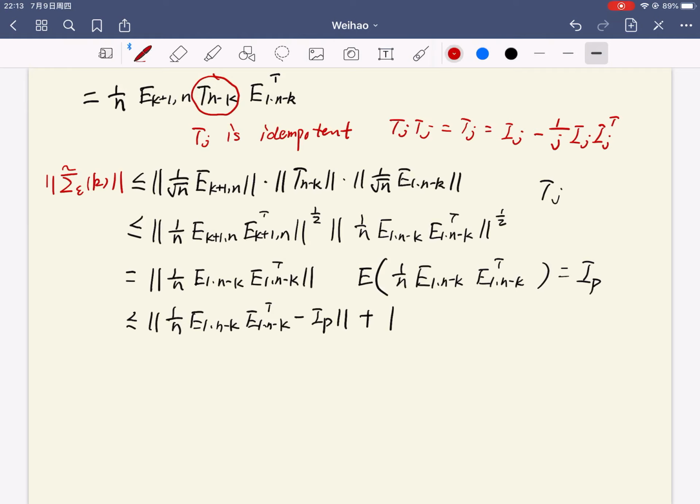The reason why we write it this way is because we observe that this is a concentration. Perhaps we can use some standard result from concentration inequalities and get the rate for this term.